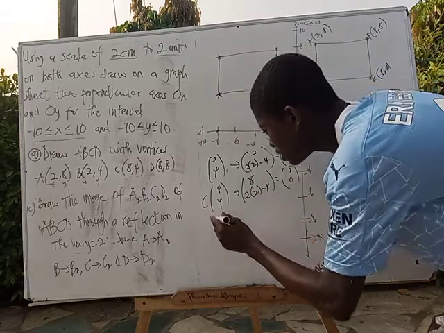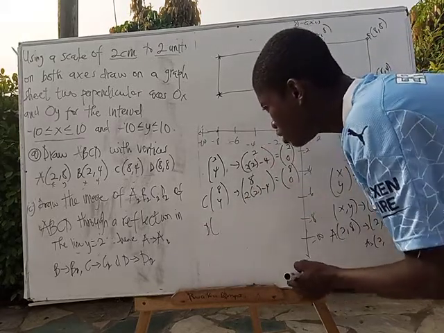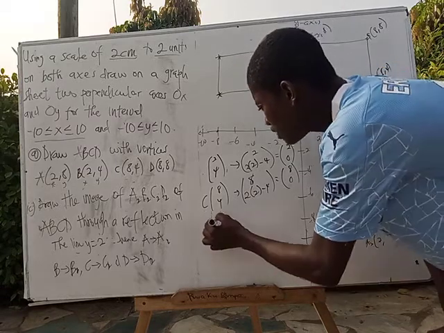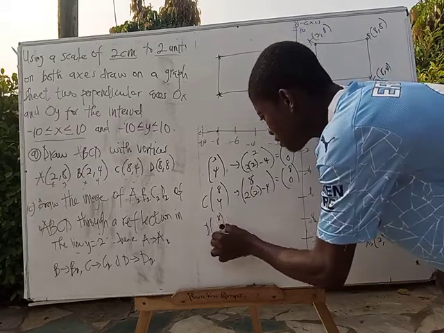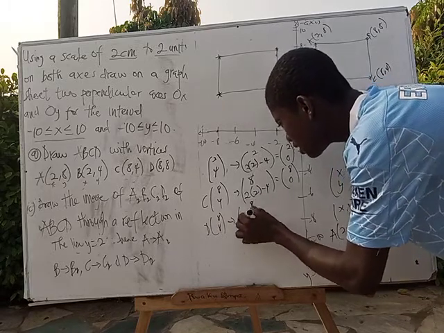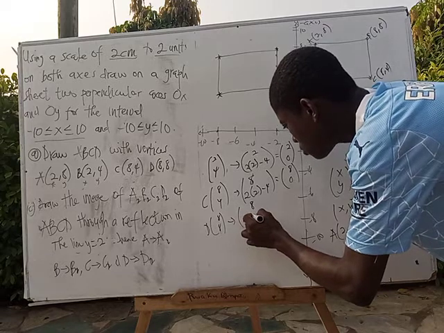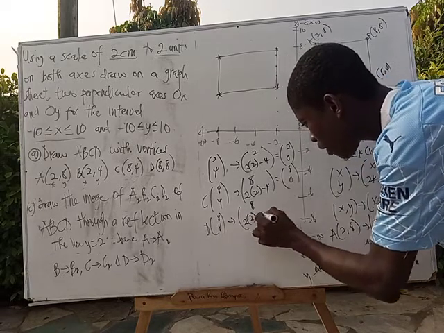Okay, let's do our D. Our D is (8, 8). We have x, which is 8, and 2 times k, k is 2, minus y, which is 8.